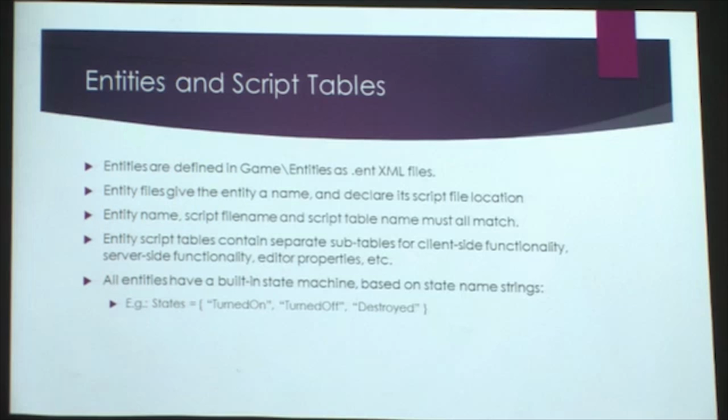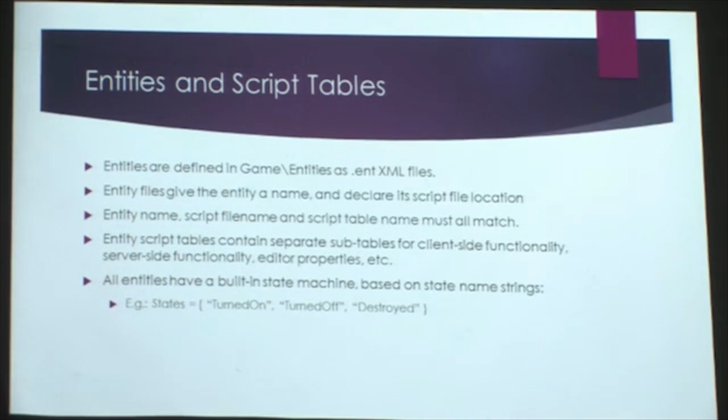Each of these script entity tables contains a subtable for client-side reactions, and server for server-side. It's built in so you don't have to worry about treating client and server separately, because whenever you play a single player game, even within CryEngine, it's running an internal server for you.